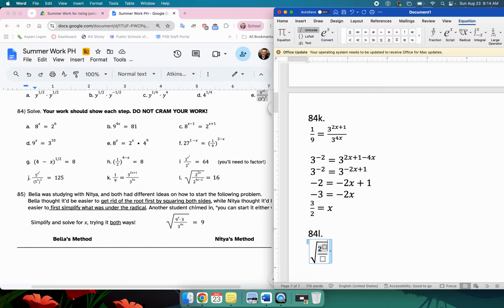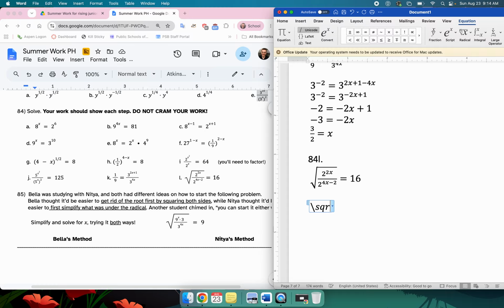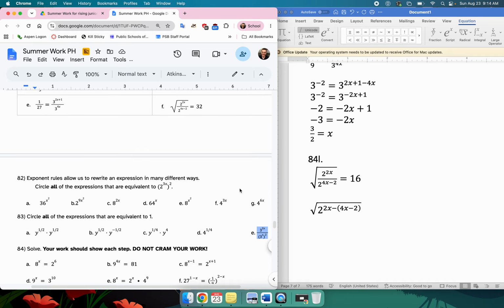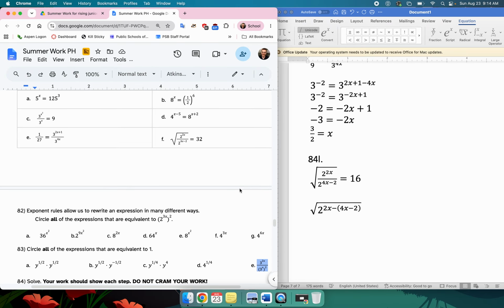Okay, square root of blah, blah, blah. Everything here is a power of 2. So I'm going to utilize that. First of all, it's 2x minus quantity 4x minus 2. This problem feels familiar. Is this not exactly the same problem that we did before?